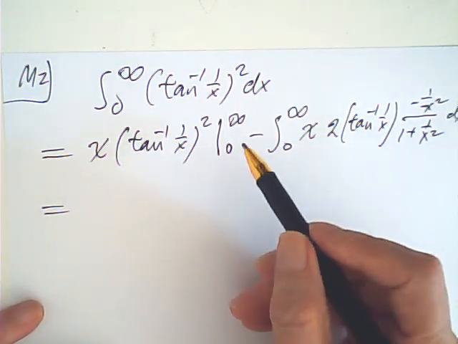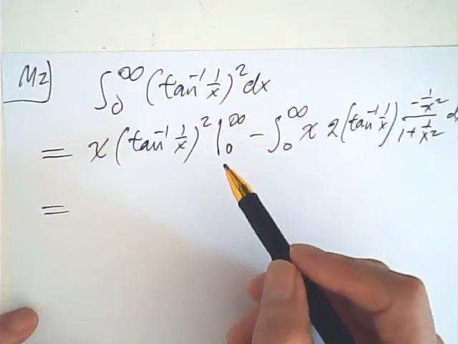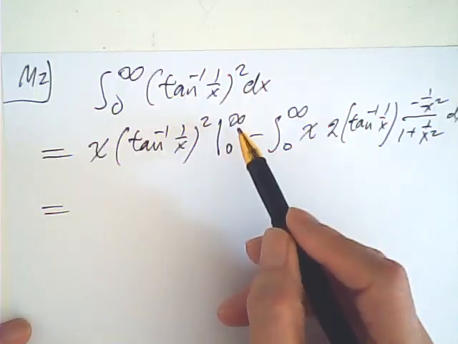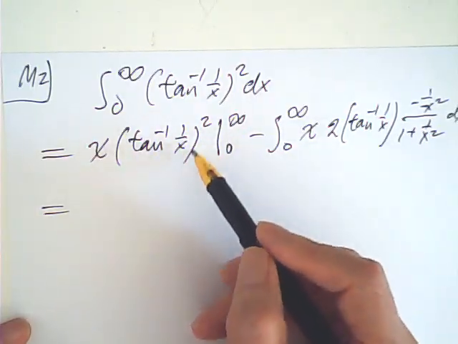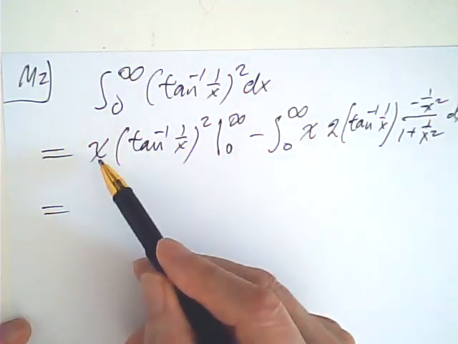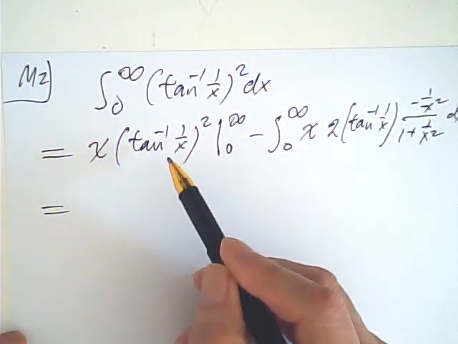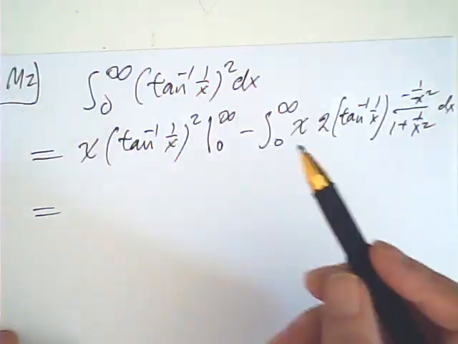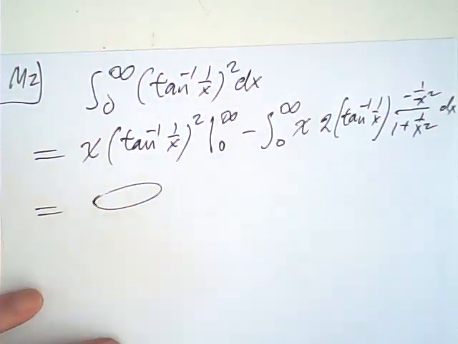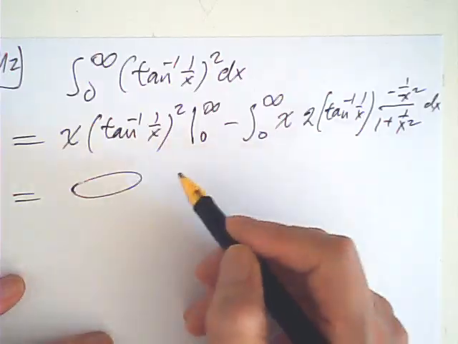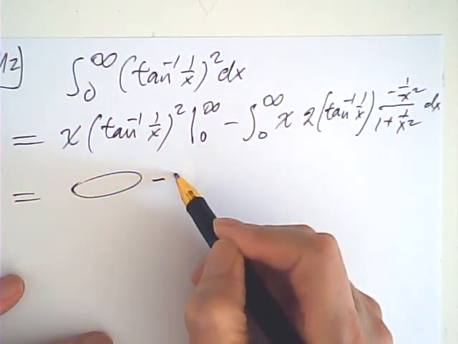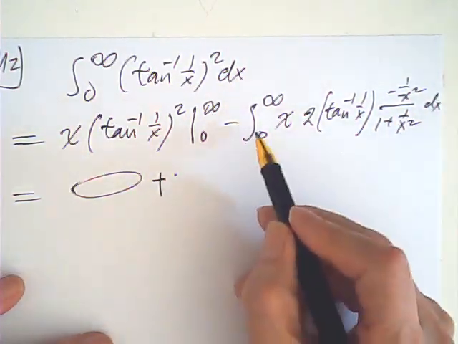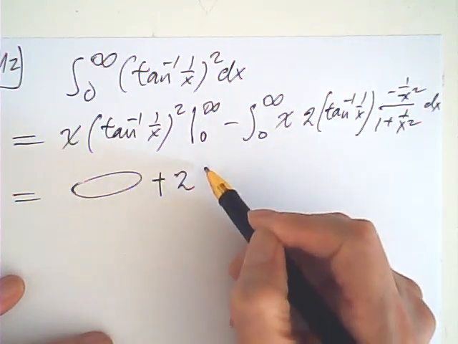When x goes to 0, no problem. When x goes to infinity, this goes to 0, this goes to infinity. Infinity times 0 is an indeterminate form. Use L'Hopital's rule. I'll leave it for you. And this one is equal to negative, negative, positive 2.